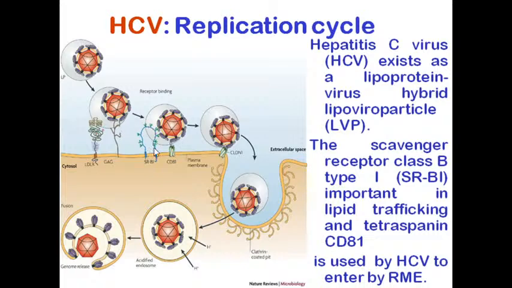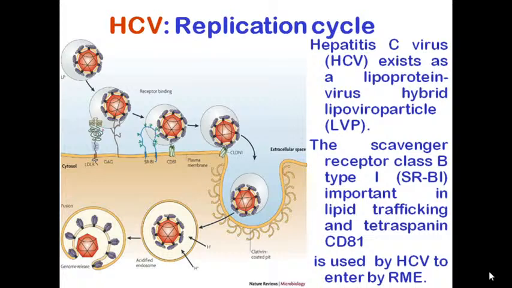So these two receptors can be used by the lipid particles that contain hepatitis C to bind to the human cell and to enter by receptor-mediated endocytosis into the clathrin-coated pits, and there's a very nice picture that demonstrates it.